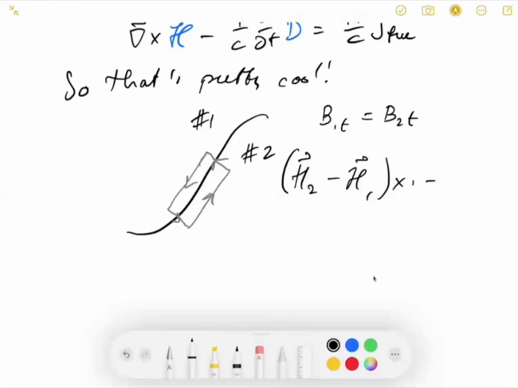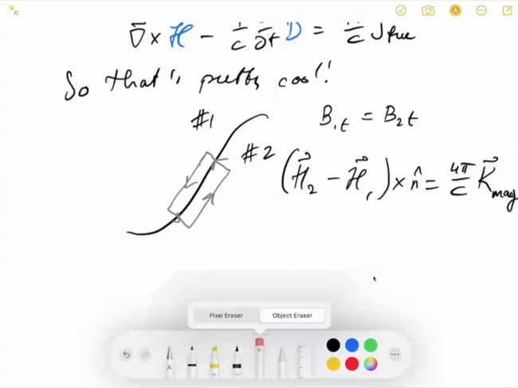Cross with n is 4 pi over C, and this is where our K shows up. So that's K magnetization. This becomes, sorry, K free. That's surface current density. K free. Okay, so it's a similar situation.